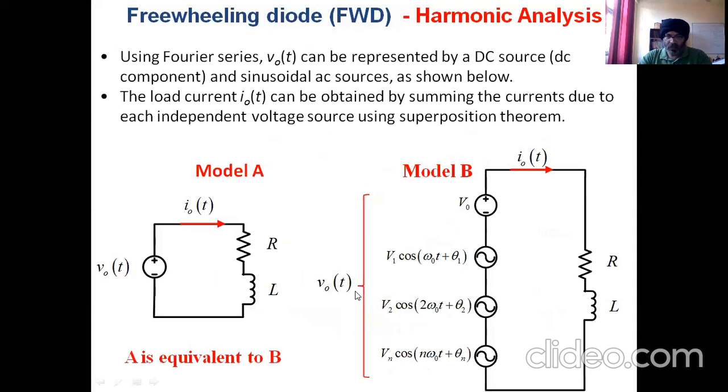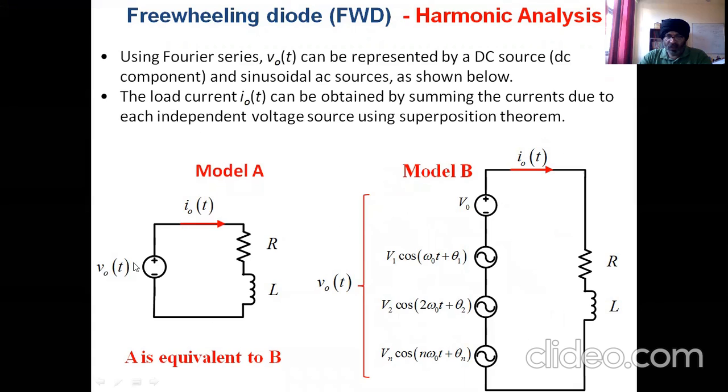We'll see that. So this simple model we know: for a half wave rectifier, a supply, a switch, shown in red, and then the load. This equivalent model, when the switch is on, can be redrawn as model B also.